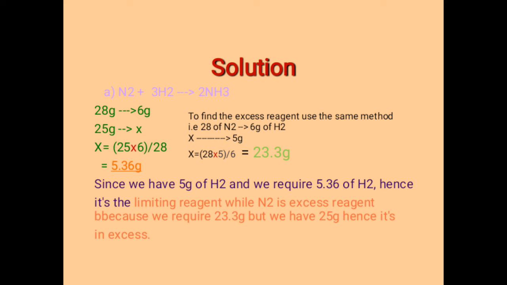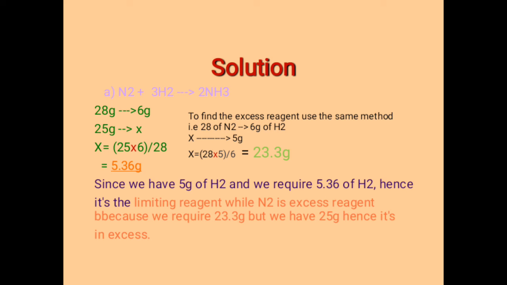Since we have 5 grams of hydrogen and we require 5.36 grams of hydrogen, hence it is the limiting reagent. It is the limiting reagent because we have 5 grams and that 5 grams is completely used up, but we require something greater than what we have. From the definition, it is the reagent that is completely used up, and the 5 grams will be completely used up.